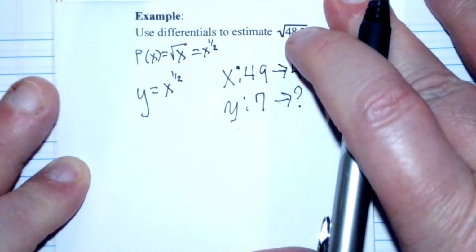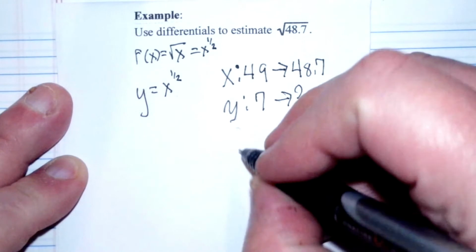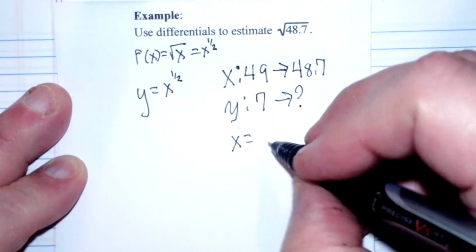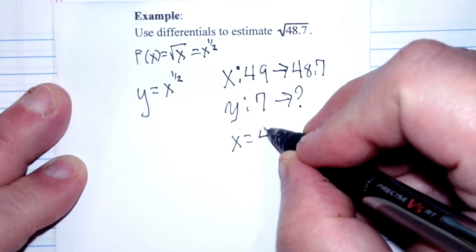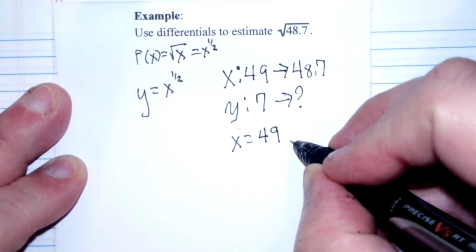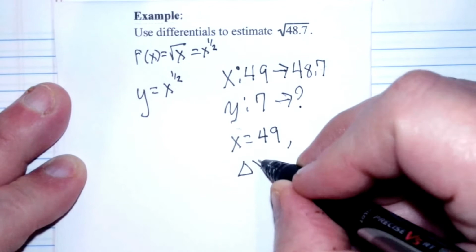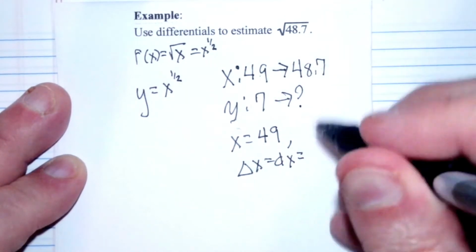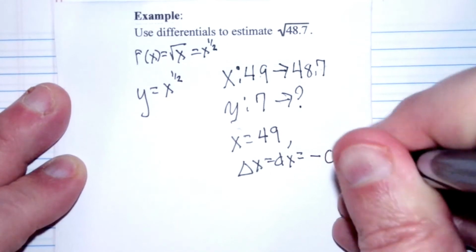Okay, so let's let x be the easier of these two values to work with. So in this case, x would be 49, and then delta x, or dx, would be the change in x. So that would be negative 0.3.